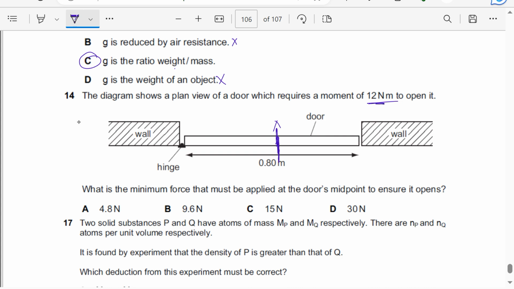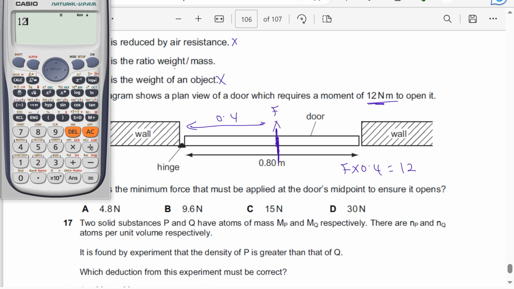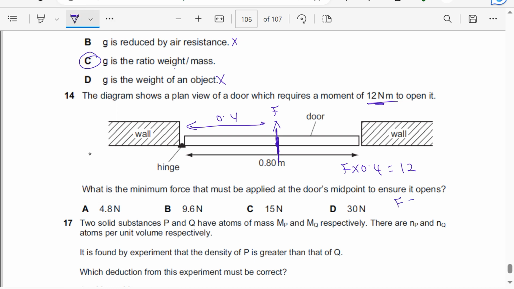The perpendicular distance from the turning point is 0.4. So F times 0.4 should give us 12 newton meters. So 12 divided by 0.4 is 30 newtons. So F is 30 newtons. This means our answer is going to be D.